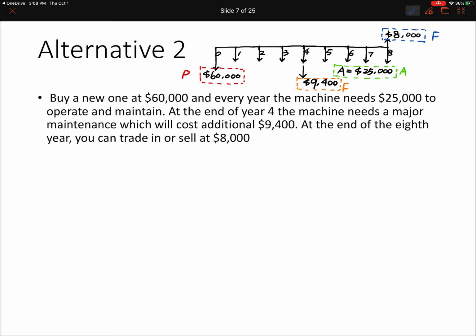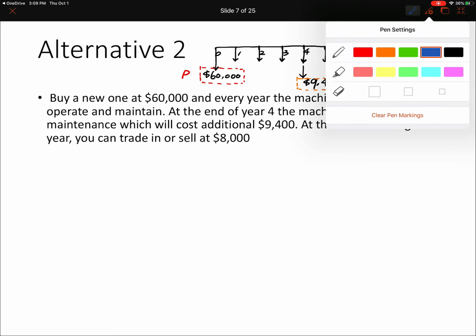If you want to say the future cash flows of 9,400 and 8,000 are the same type, that's fine. You can also say they're different amounts, so they're different cash flows. So now we have 4 parts to convert: the present value, the first future value, the annuity, and the second future value.